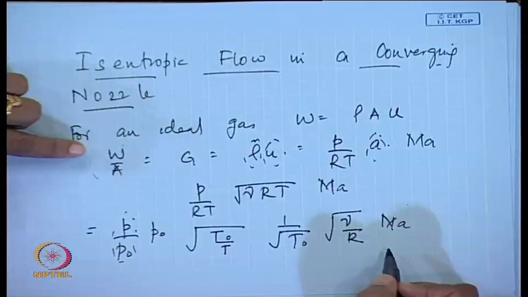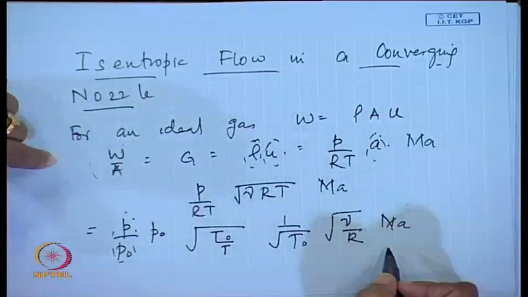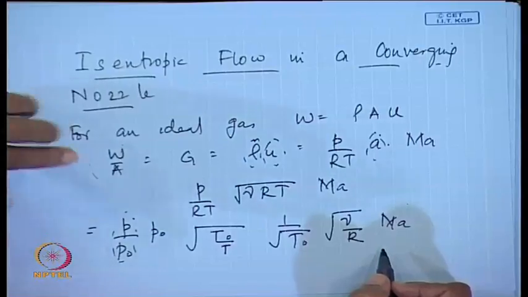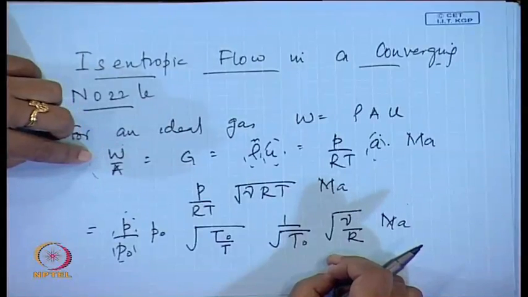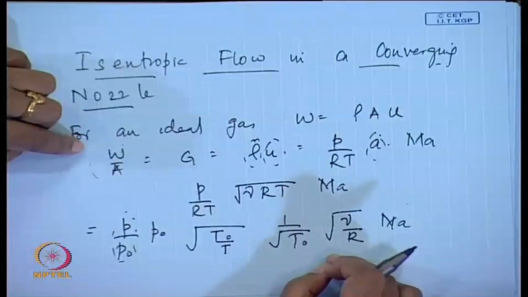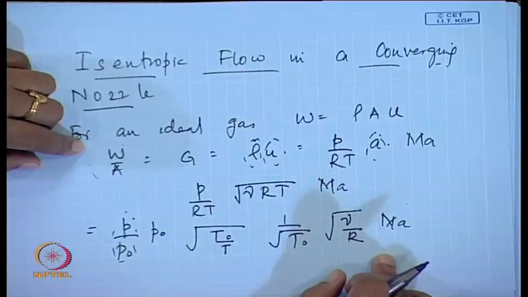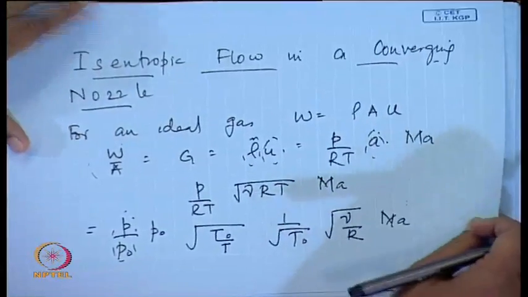If I know on what parameters the flow rate in a converging nozzle depends, then I know how to manipulate those parameters and control, increase or decrease my flow rate as I desire. So, I would like to find out on which measurable parameters my flow rate depends. Just for that, I would like to express this expression in terms of certain known input or measurable parameters, right.